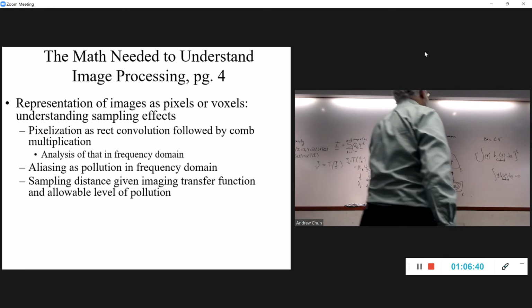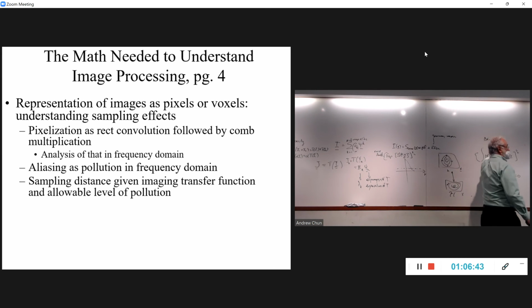Right, and this is a funny formula with five and the particular chosen allowable level.